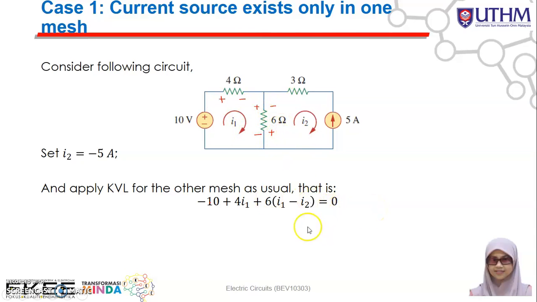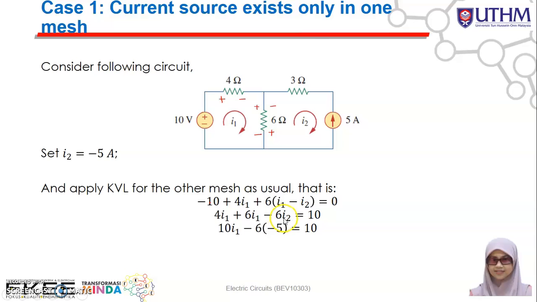After that we can further simplify the equation. Here we have -10, you bring it to the other side, you have +10, so 4I1 plus 6I1 minus 6I2 equals 10. Then 4 plus 6 will be equal to 10I1.